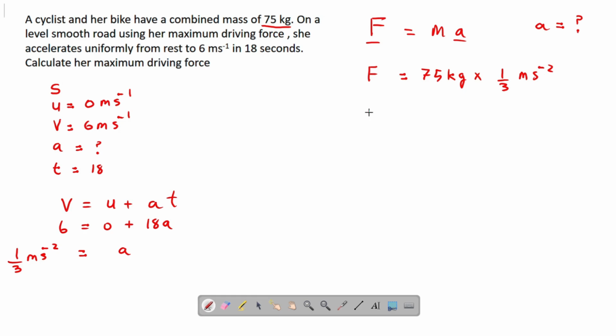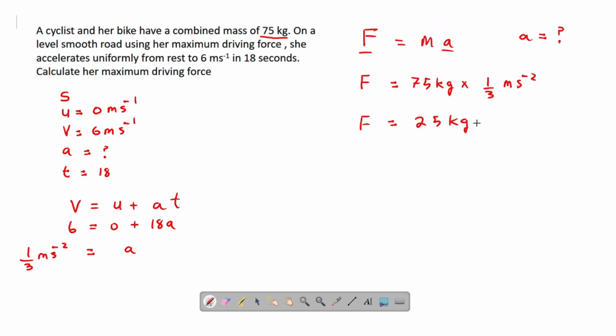So what we get there is 25 kilograms meter per second squared, which is newtons. So it is 25 newtons. So the force there is 25 newtons. That would be her maximum driving force.